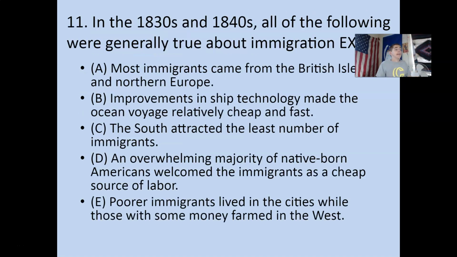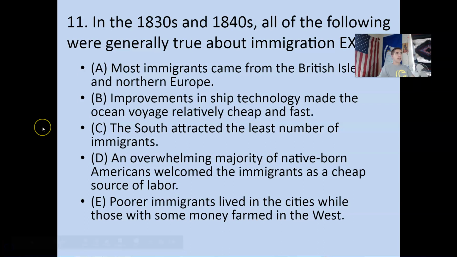Number 11. In the 1830s and 1840s, all of the following were generally true about immigration, except: A. Most immigrants came from the British Isles and Northern Europe. B. Improvement in ship technology made the ocean voyage comparatively cheap and fast.